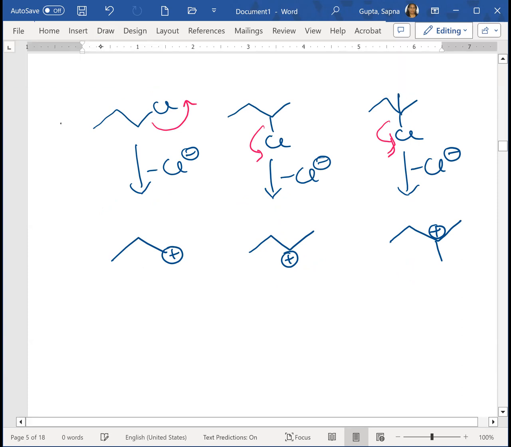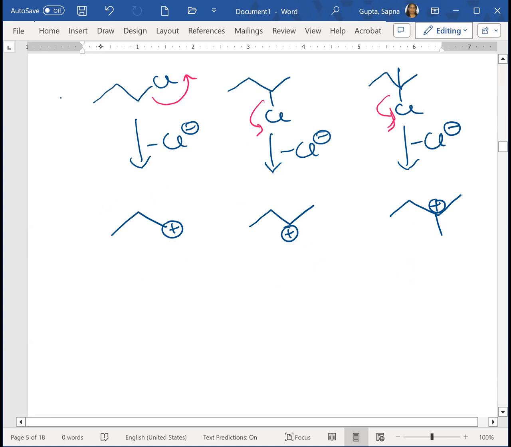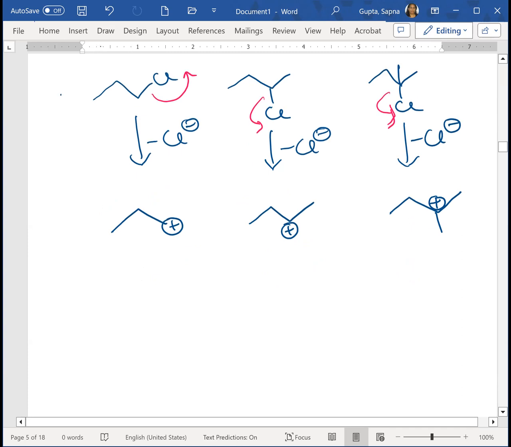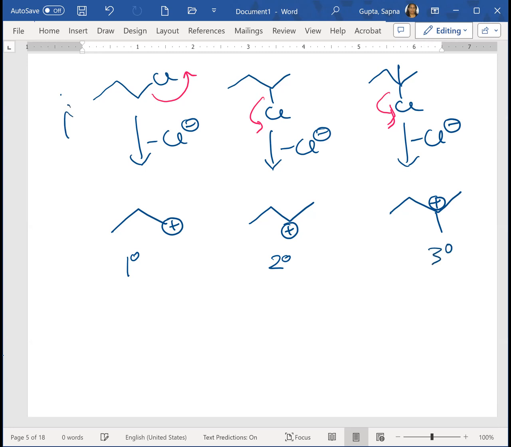Now I want to talk a little bit about carbocations because this is a big deal. Here you have a primary carbocation, here you have a secondary carbocation, here is tertiary. Primary halides will give you primary carbocations, secondary halides will give you secondary and then tertiary. Whatever kind of substrate you have will give you that kind of a carbocation.